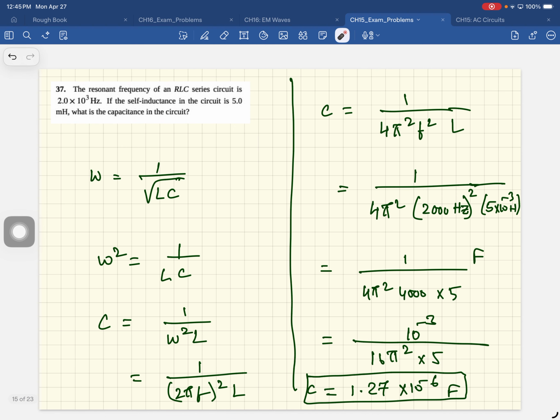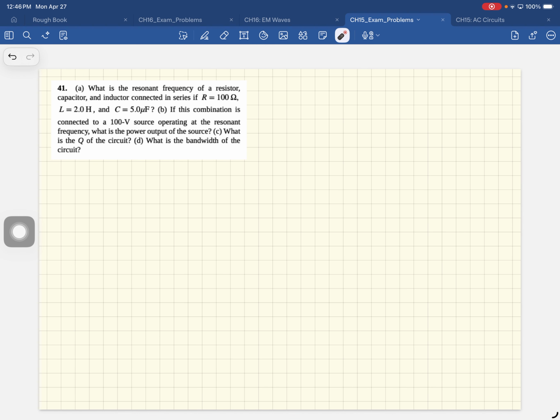Okay, this problem says, what is the resonant frequency of a resistor, capacitor, and inductor connected in series? So you have a connected RLC circuit.